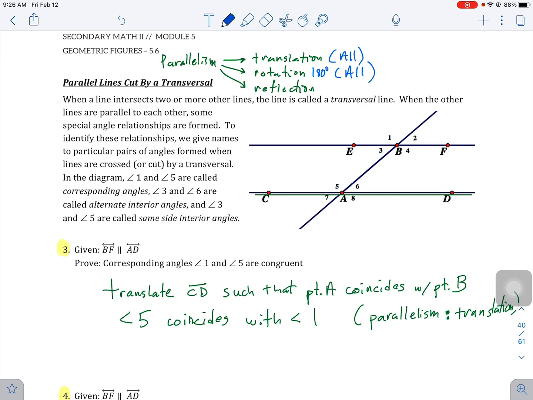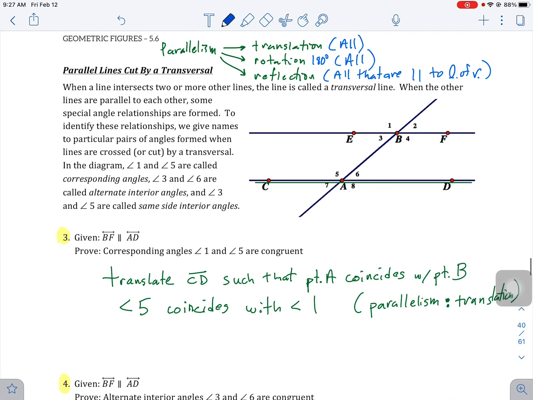And with a reflection, all the segments parallel to the line of reflection are also going to be parallel, or the image is parallel to the original. So we're going to try and use those ideas with the proofs that we have here.